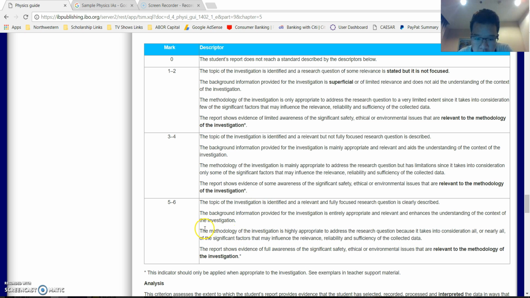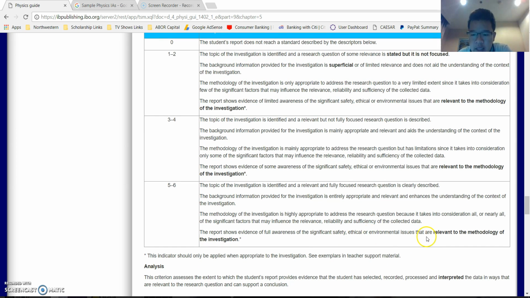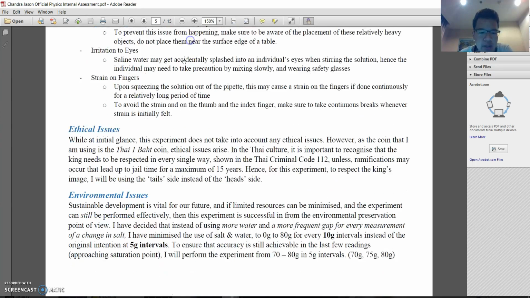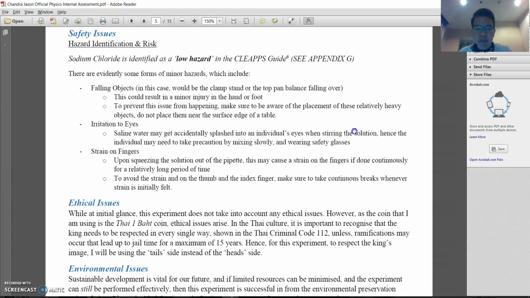Yep. And then it says it will show full awareness of the significant safety, ethical, and environmental issues. See, people ignore this bit a lot. So you just gotta do some BS. Safety issues, ethical issues, and environmental issues. Safety issues, follow the CLEAPSS guide. Do your experiment, type CLEAPSS, go on Google, and then not copy paste, but state the hazards.